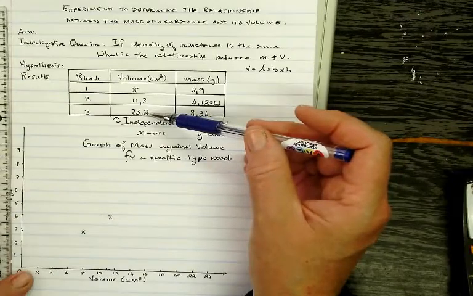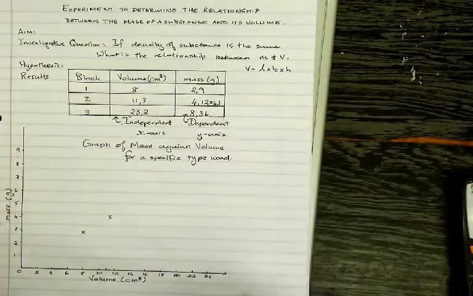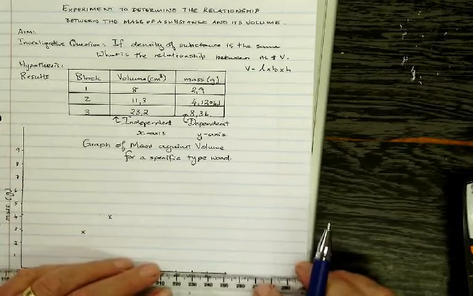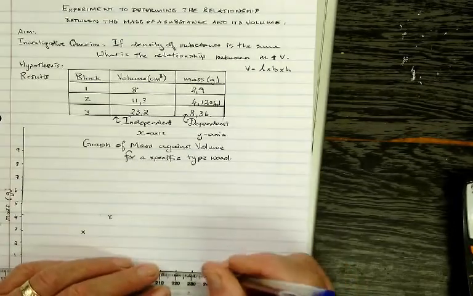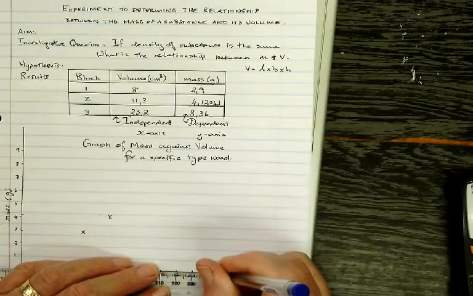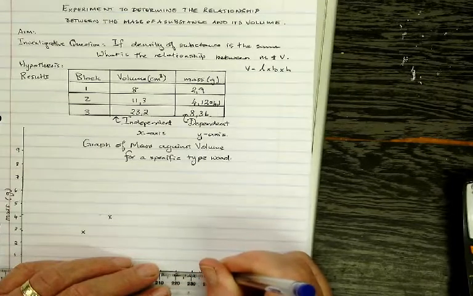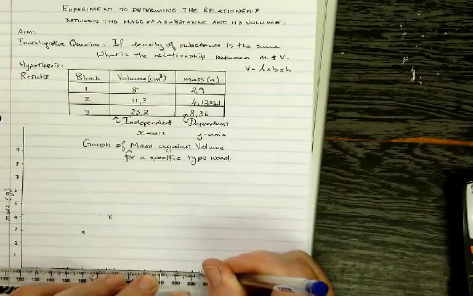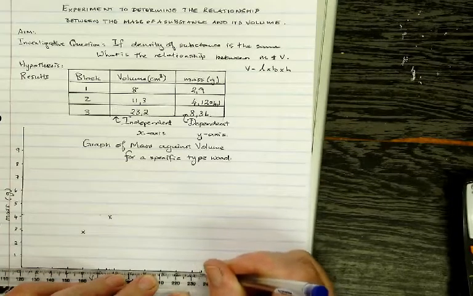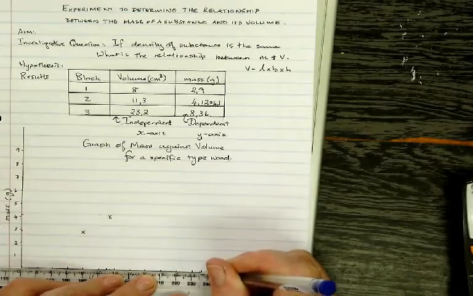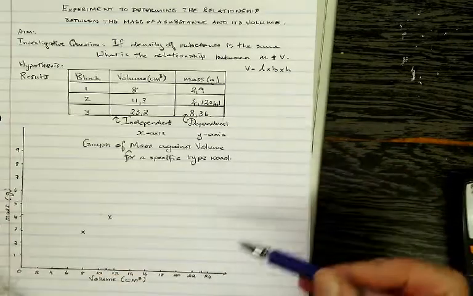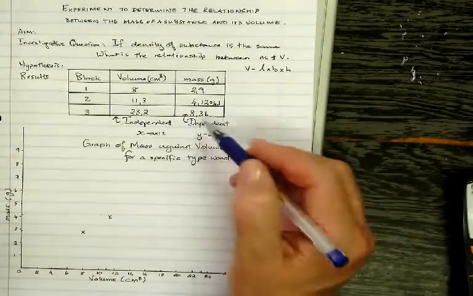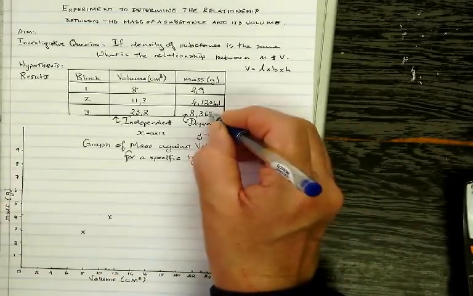The third point is at 23.2. So that's 1 millimeter to the right of 23, and 23 is there. So 23.2 would be at that point, 1 millimeter. So it's 6 millimeters from 22. And the volume is 8.36, which we can round to 8.4.